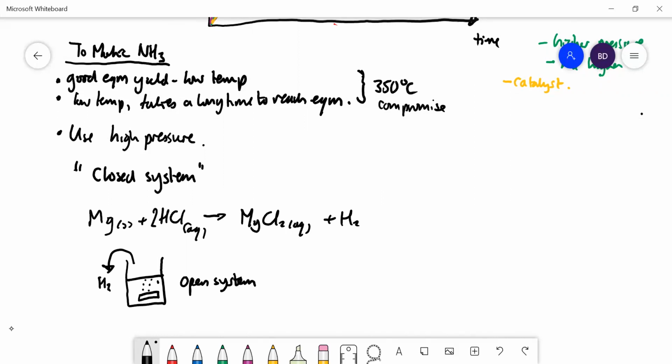If you did this reaction in a closed system, say you've got a Coke bottle, you put your magnesium in there, and you screw the lid on it, so the lid is on, this is now called a closed system.